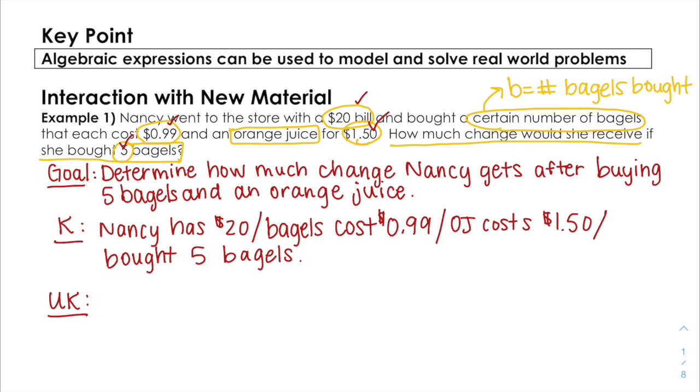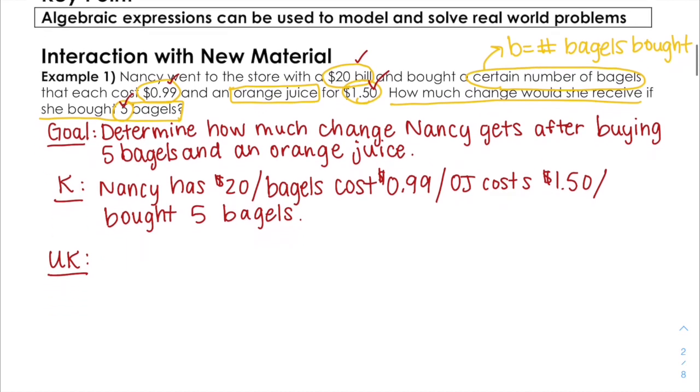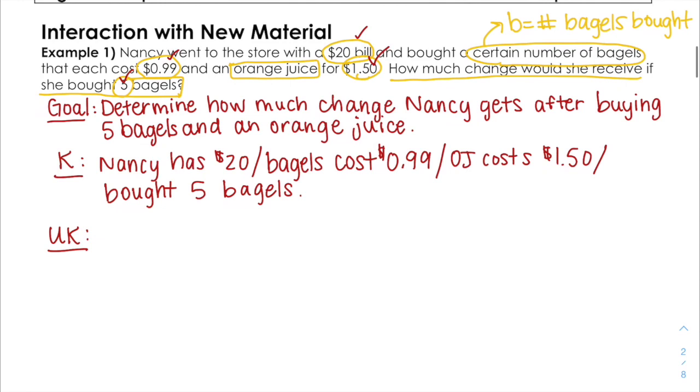Now, what do we have to figure out before we can solve our goal? What is unknown? We're first of all going to have to figure out the total amount of money she spent. Total money spent. And we have to figure out from that how much change she gets.